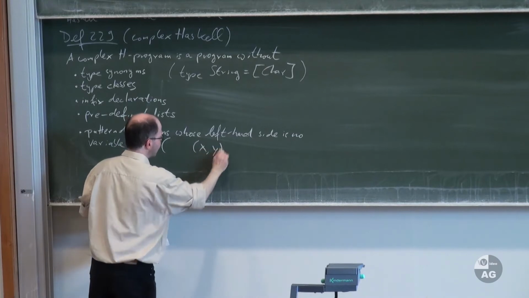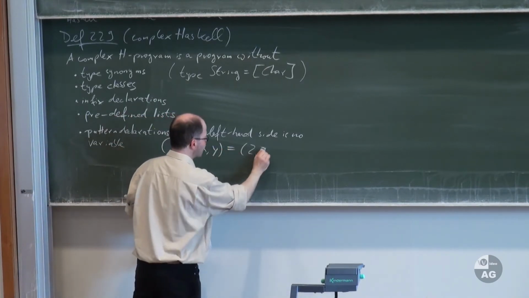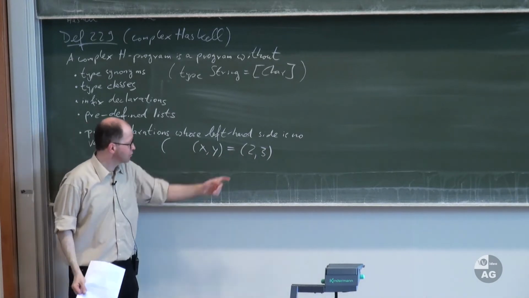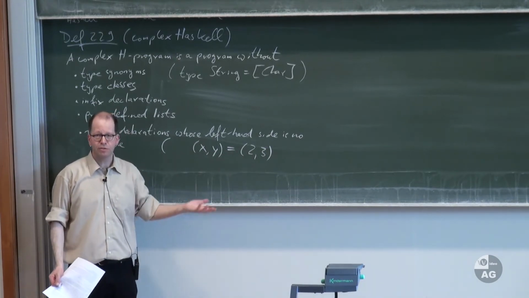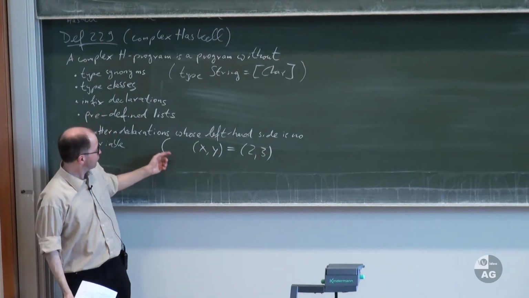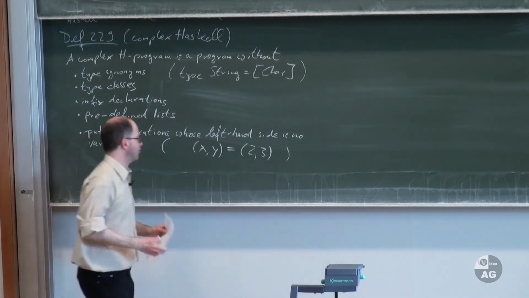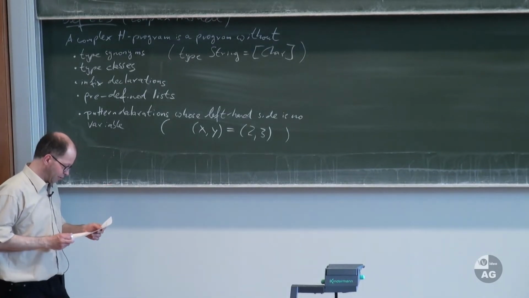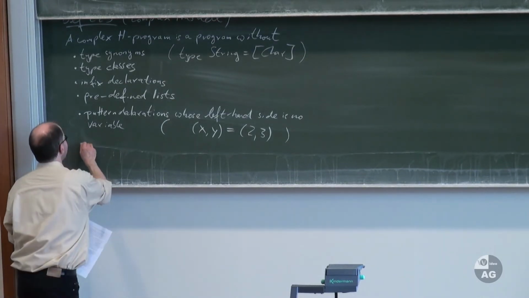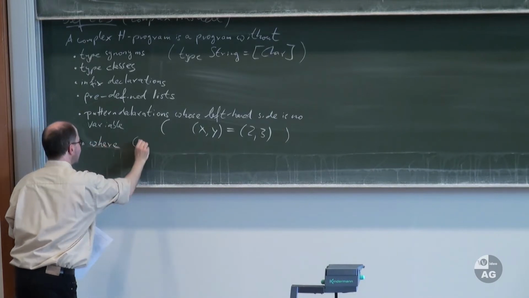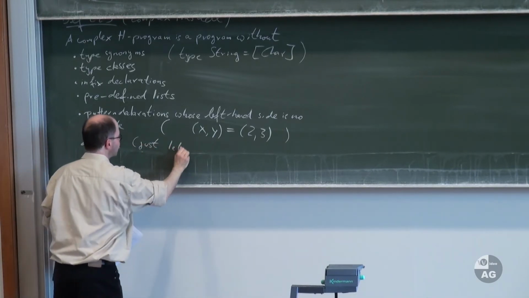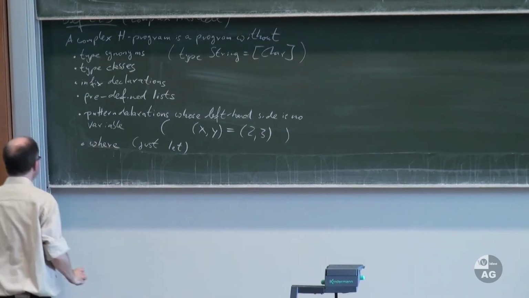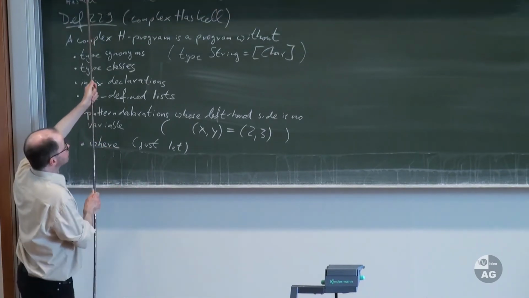In Haskell you can say (x, y) is the tuple (2, 3). Now that we don't allow, instead you would have to declare x equals 2 and y equals 3. So that's also easily possible. So transforming such pattern declarations into pattern declarations where you just have a variable on the left-hand side, that's no difficulty. So that's also not a severe restriction. Then we have no where, just let. So if you have local declarations with where, then you have to transform them into a local declaration with let. But again, this is easily possible.